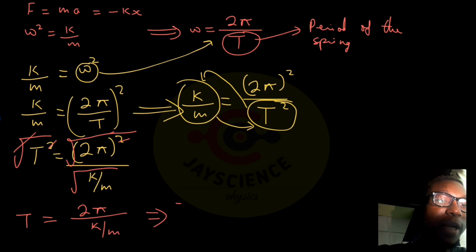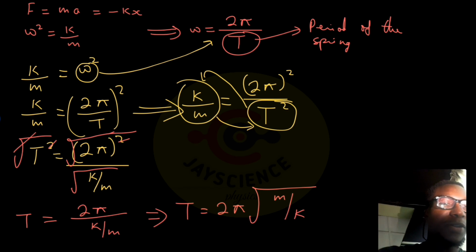You can also rewrite this as 2 pi multiplied by the square root of m over k, the inverse, since you have the division there. So now we've gotten the period.